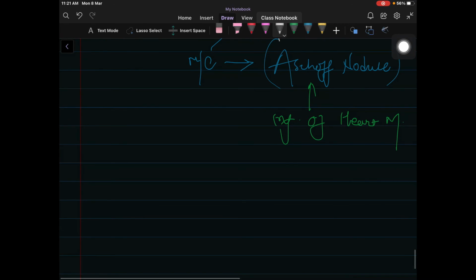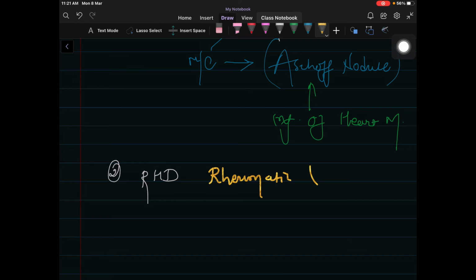Second example which can lead to fibrinoid necrosis is RHD. RHD is nothing but rheumatic heart disease.